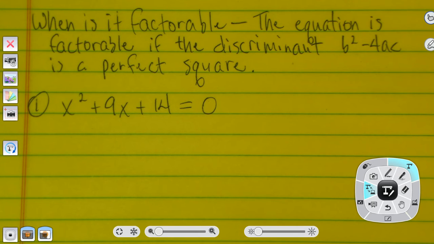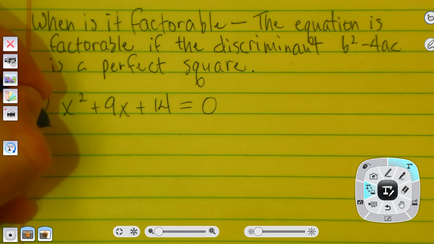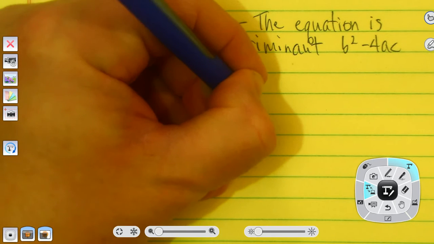That's a perfect square. Just looking at x squared plus 9x, I almost can see that it is factorable, because I look at 14 and say 2 times 7 is 14, and 7 plus 2 is 9. It really looks factorable to me. So factoring would be the best choice.